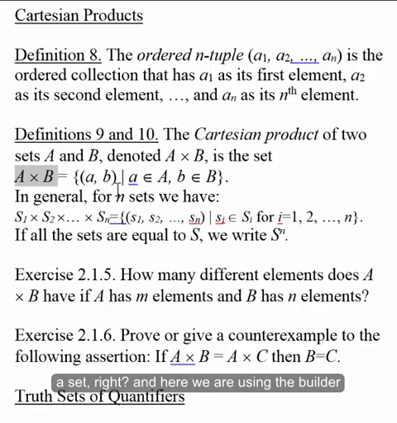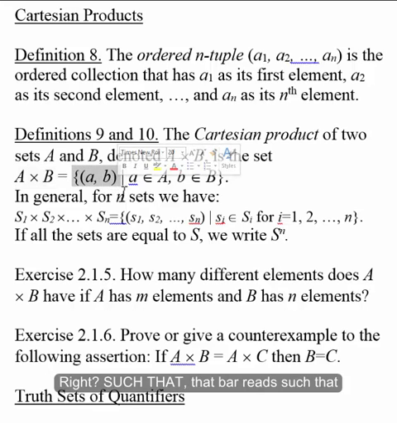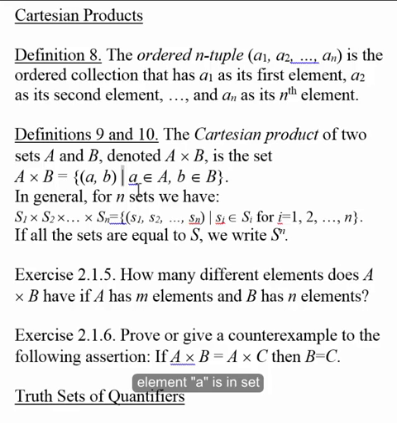And here we're using the builder notation. Remember builder notation. So this set contains the elements (a, b), right? Such that, that bar reads such that, element a is in set capital A and element b is in set capital B. Okay?